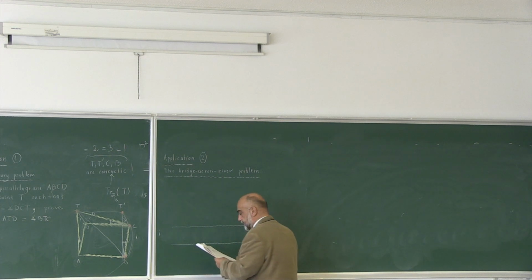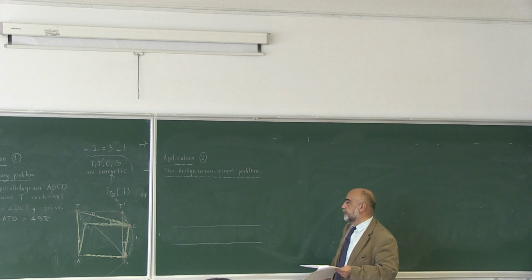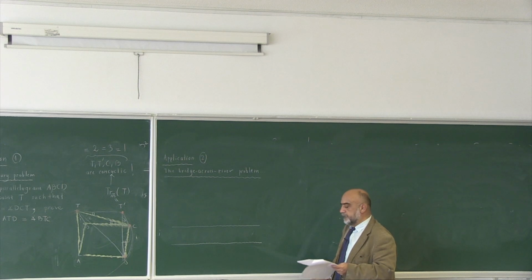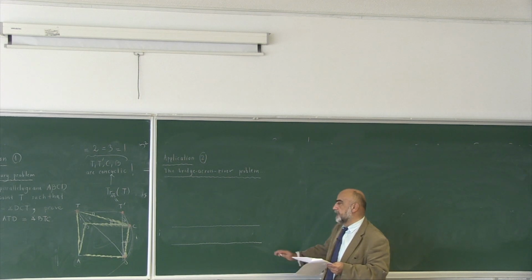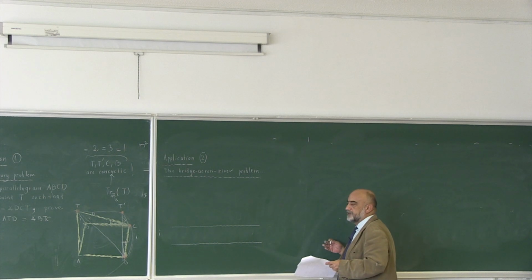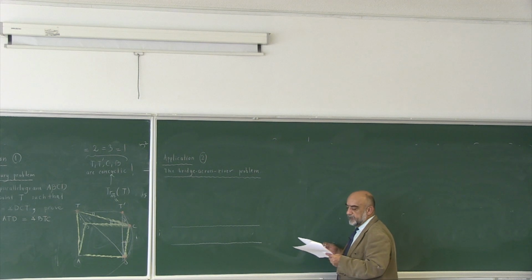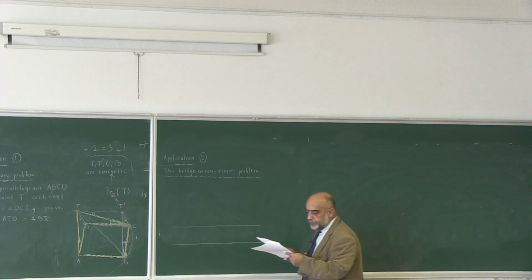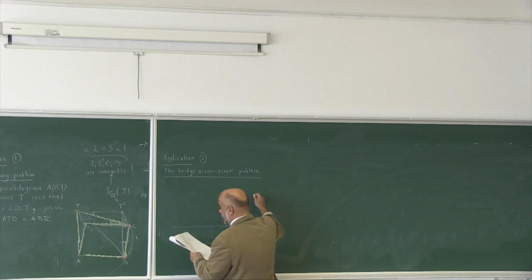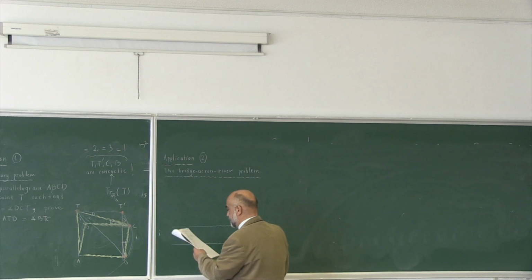width. So the distance between two sides of the river is, I assume, a fixed quantity. It's not changing, and I'm assuming, to make things simple, that the river is following a straight line, and on two sides of the river there are cities.